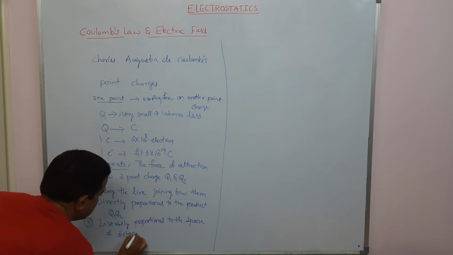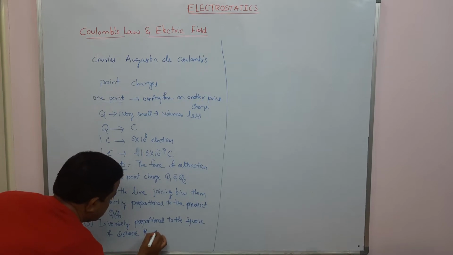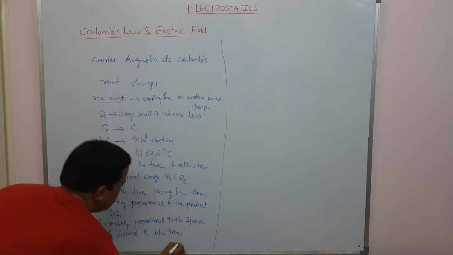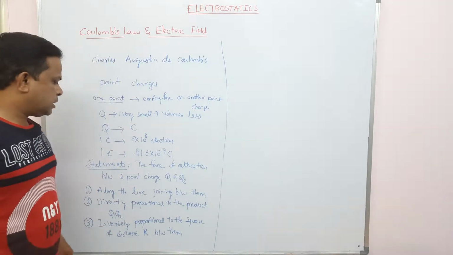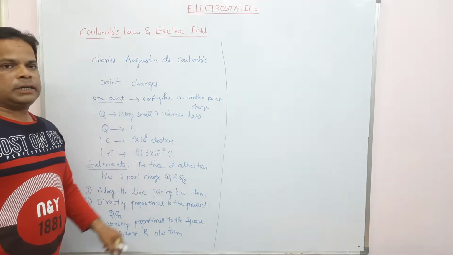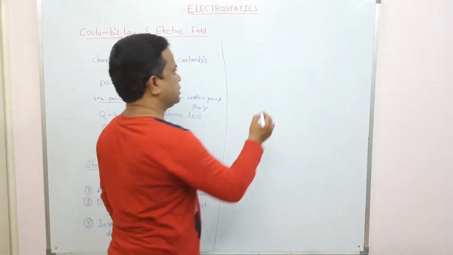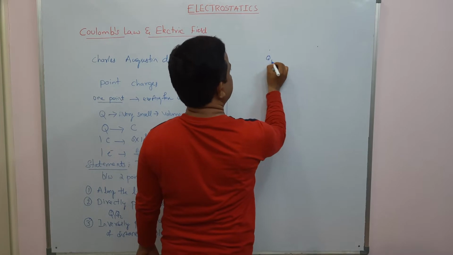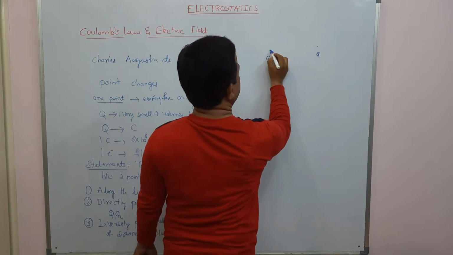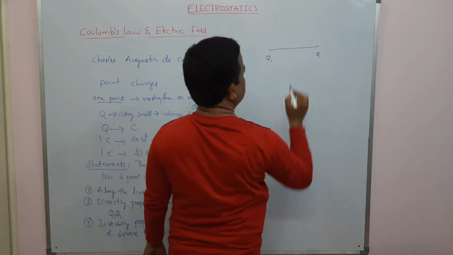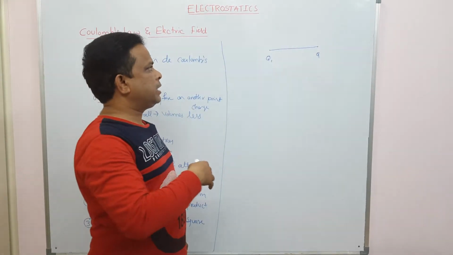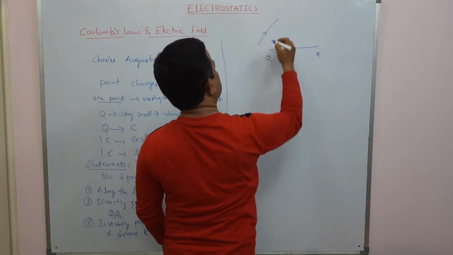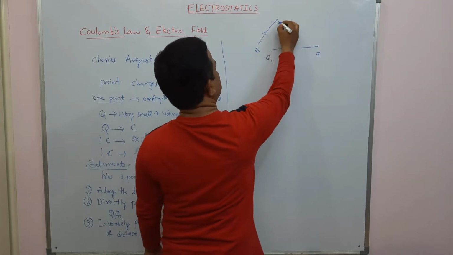Suppose if we consider r as a distance between the 2 point charges. If I take a point charge q1 and q2 like this, and a line, it can be the shortest possible path between q1 and q2.